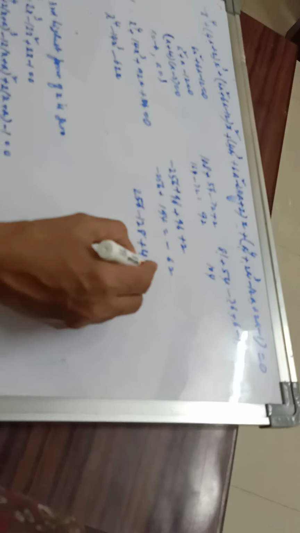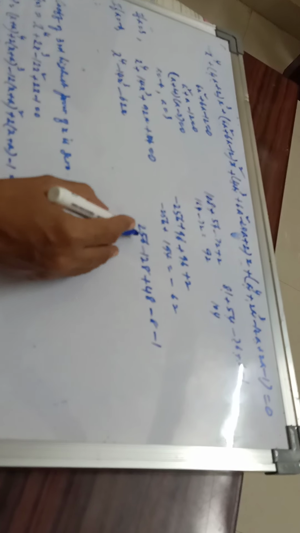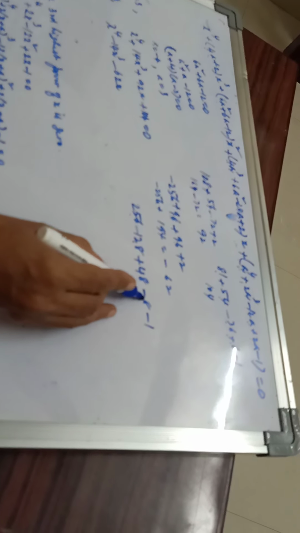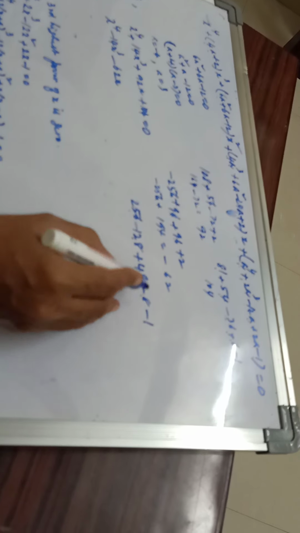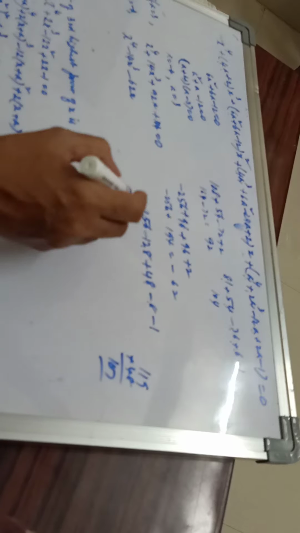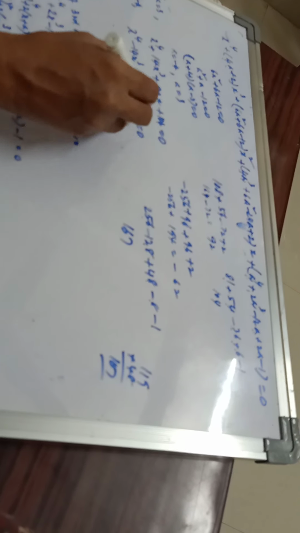Here if a is minus 4, minus 8, minus 1. Now this is 128, 119 plus 48, that is 167. So plus 167 is equal to 0.